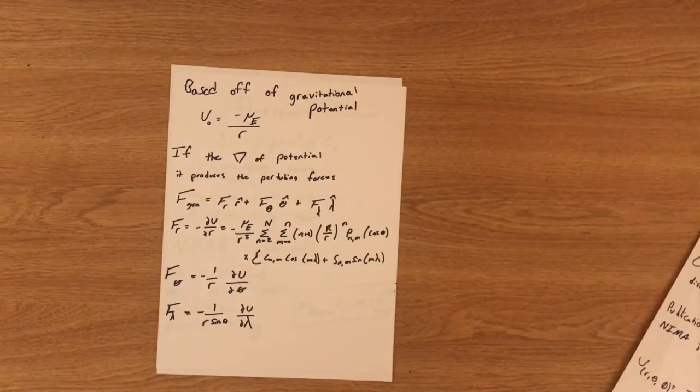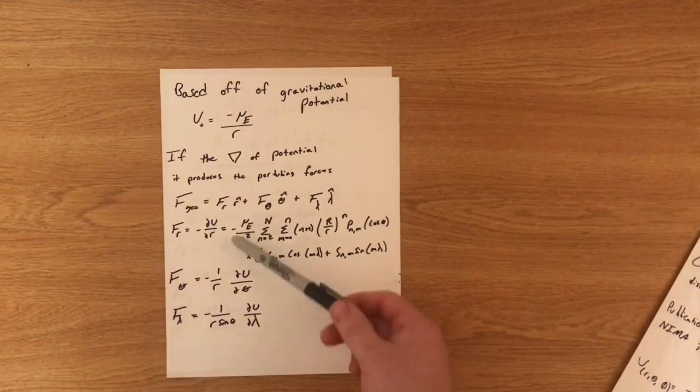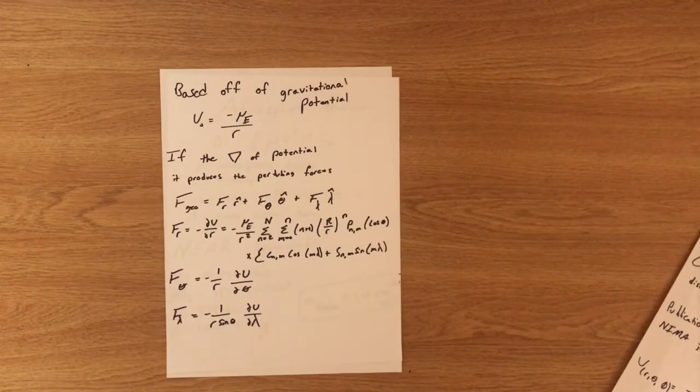Since we're in spherical coordinates, we have to take the spherical gradient. So in the r direction, it's the negative partial derivative with respect to r of the gravitational potential, which produces this equation.